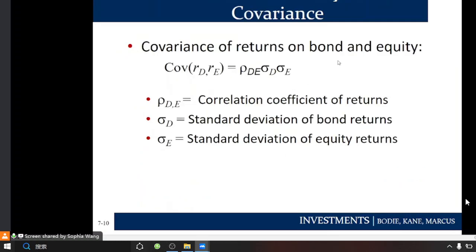Don't forget, just now we mentioned the important parameter, covariance. If you want to calculate the covariance of returns, you should know rho first. Rho means the correlation coefficient of returns.